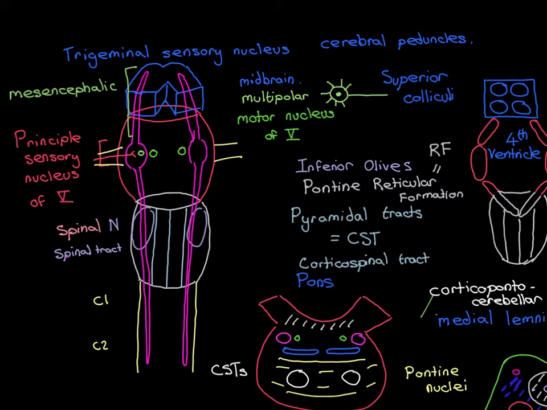The truth is that there is going to be convergence at this point, i.e. that each second order neuron does not just receive a synapse from a single primary sensory neuron. Instead, lots of primary sensory neurons, all of the same modality from the same sort of region of the face, will converge onto the same second order multipolar neuron here.